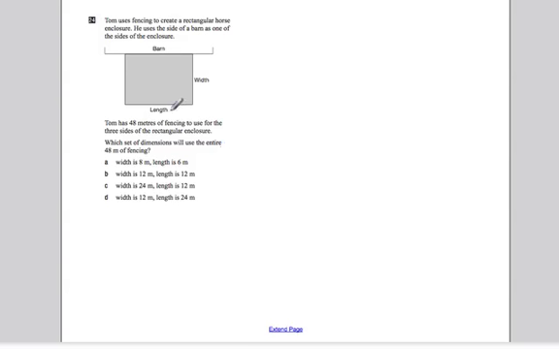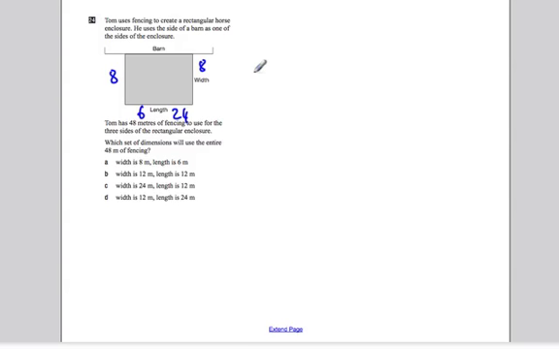So I'll go through each one. If the width is 8 and the length is 6, then the other width is going to be 8. So this will be 2 times the width plus the length.